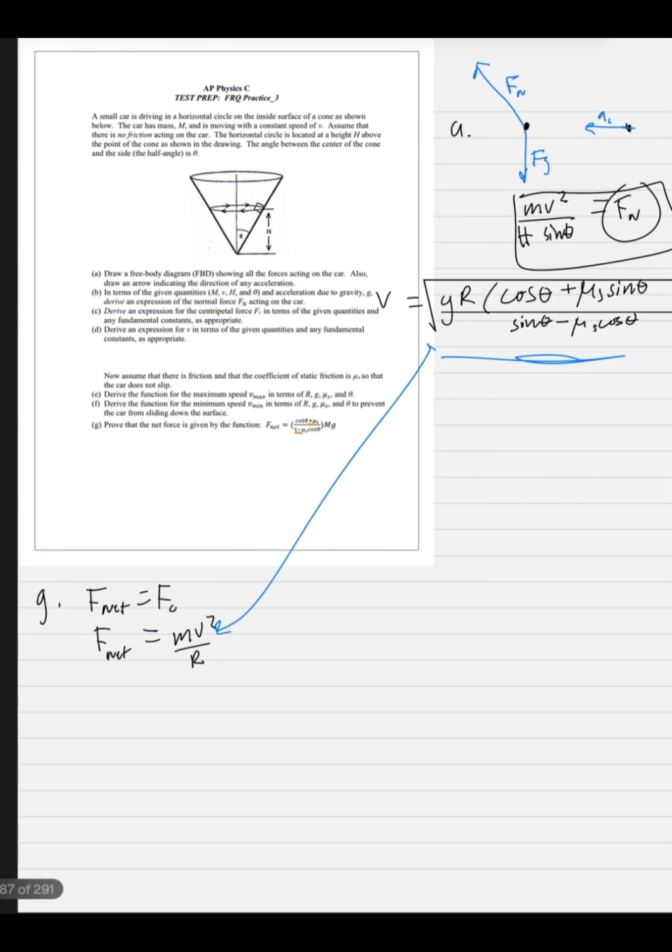For G, judging by how it's a positive sign in the numerator and a negative sign in the denominator, we'll be using v max. So Fn is really just Fc, and we'll expand Fc. And then we have our equation up here. So let's plug that in.